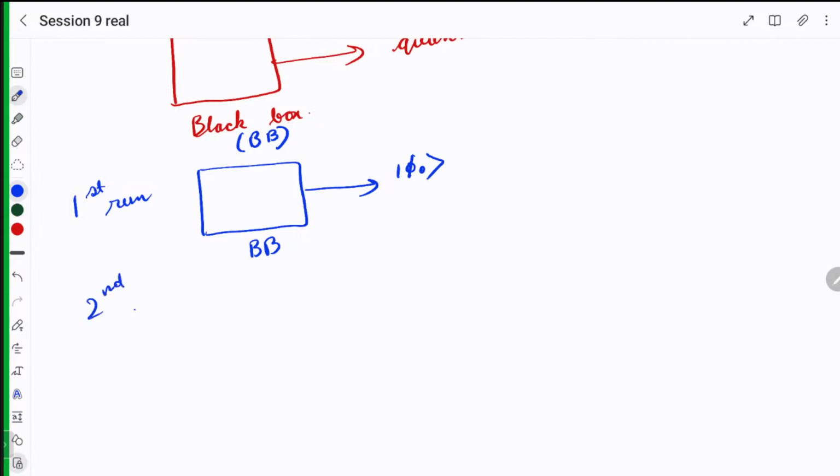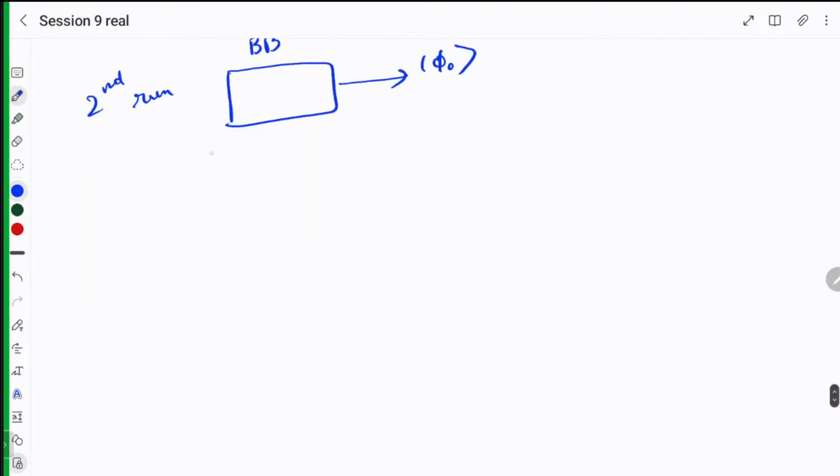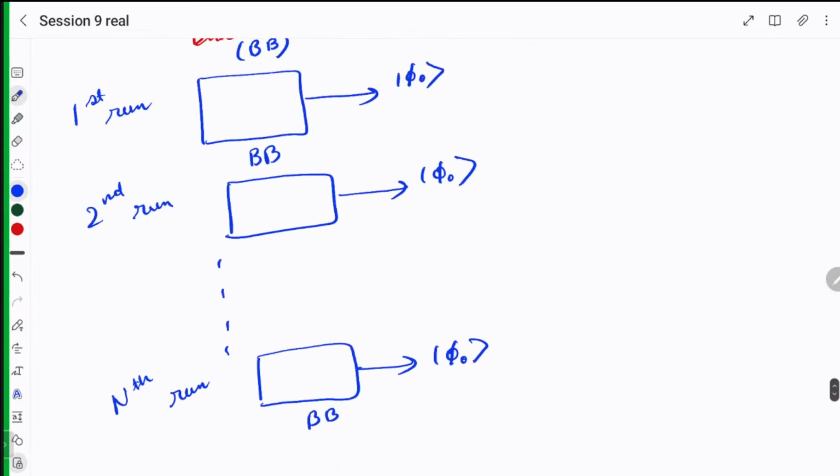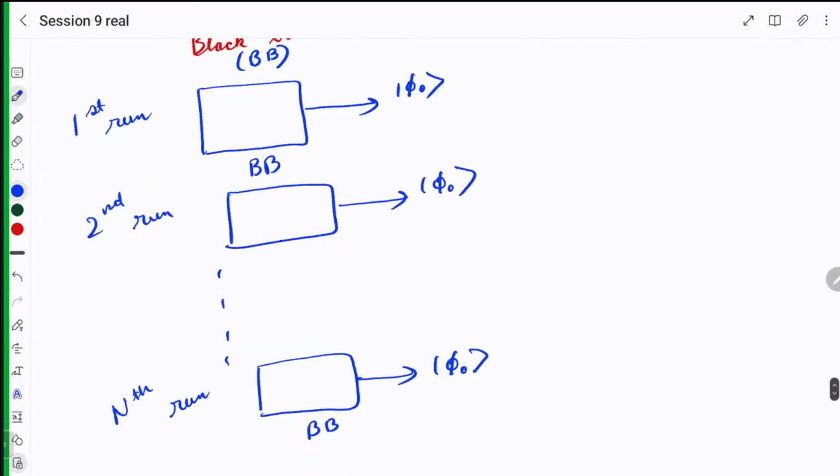Second run, again I run the black box, again I get |phi naught>, and like this I run it a large number of times, where n is very large, and I always get |phi naught>. So I have got a large number of copies of the same system, right? This is known as an ensemble.